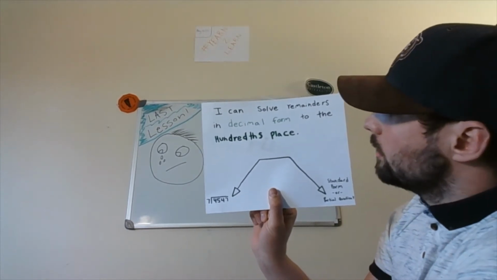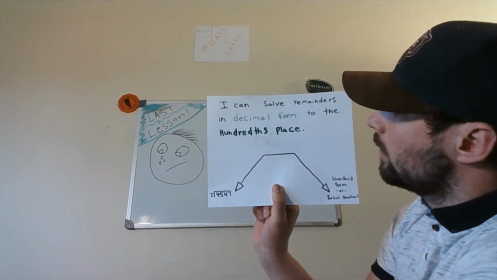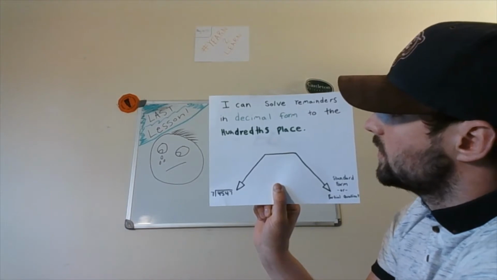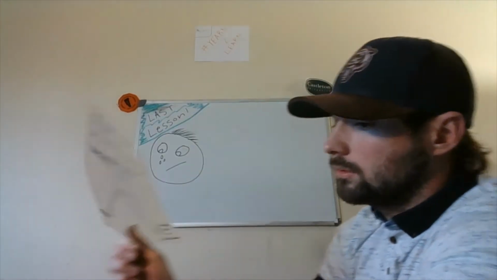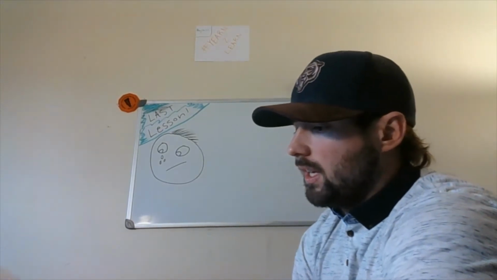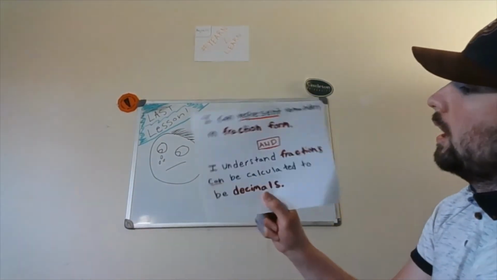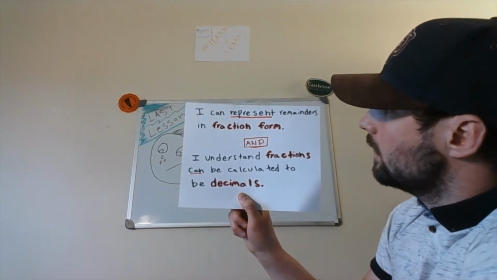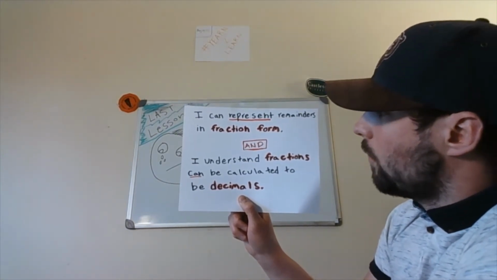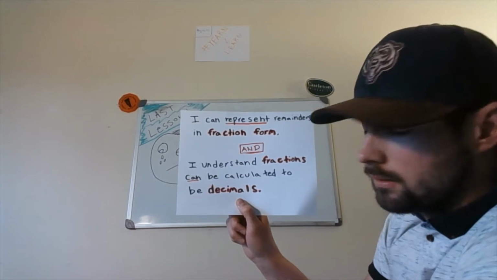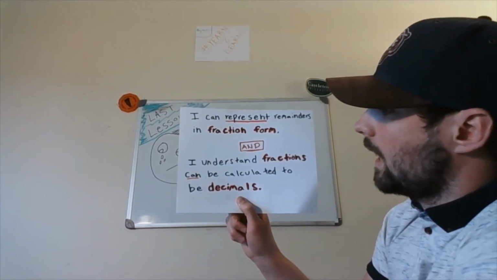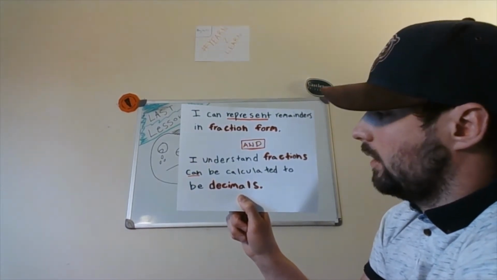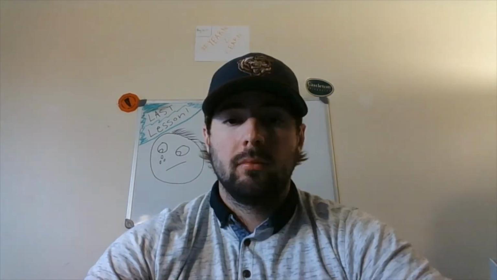I can solve remainders in decimal form to the hundredths place. And lastly, our most recent learning target, I can represent remainders in fraction form, and I understand fractions can be calculated to be decimals.